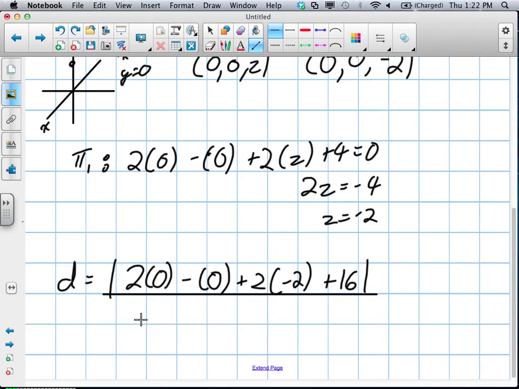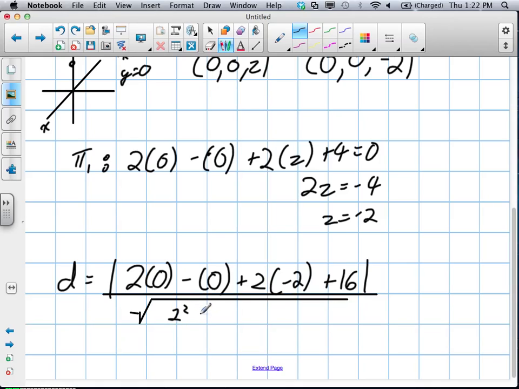And then it's all going to be over the root of a squared plus b squared plus c squared. And we know our a, b, c from just looking up above. So 2 squared plus 1 squared, or -1 squared, plus, again, 2 squared. That's exactly what these terms were here.